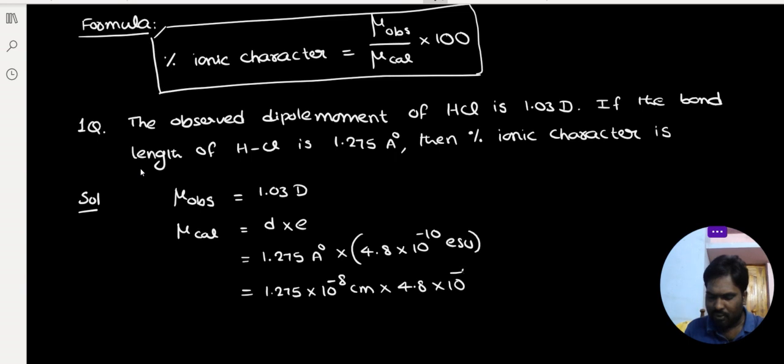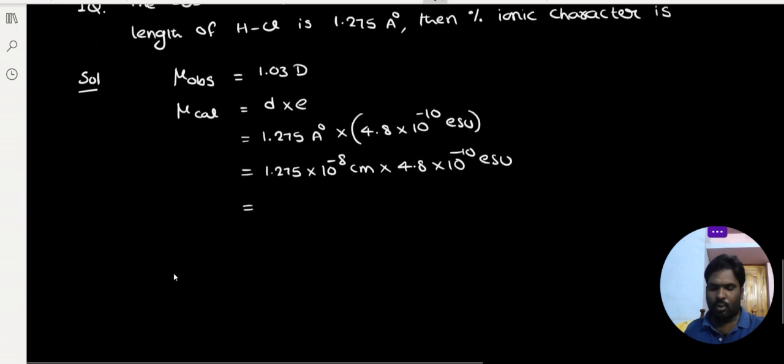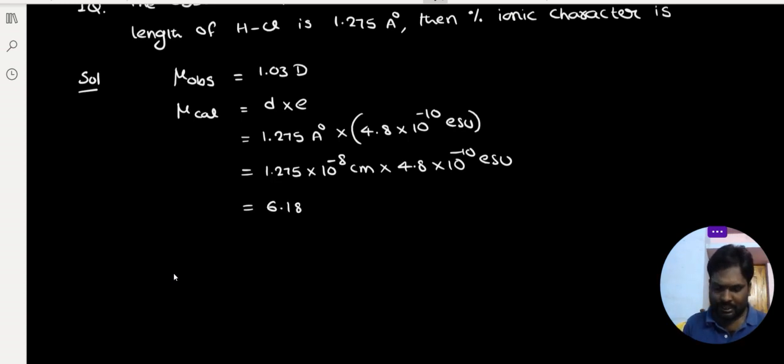If you multiply 1.275 into 4.8, you will get 6.18 into 10 to the power of minus 18 ESU centimeter, which equals 1 debye. So 6.18 debye.